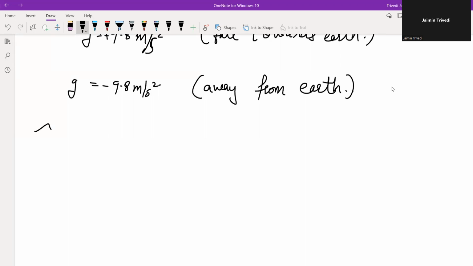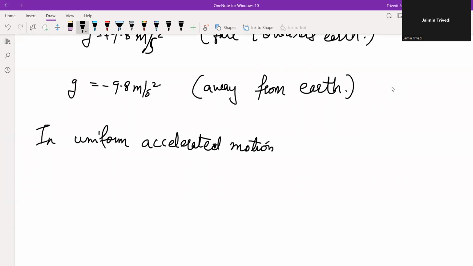So let's go further. In uniform motion or accelerated motion, let's write uniform acceleration.